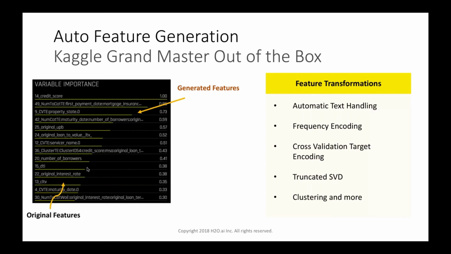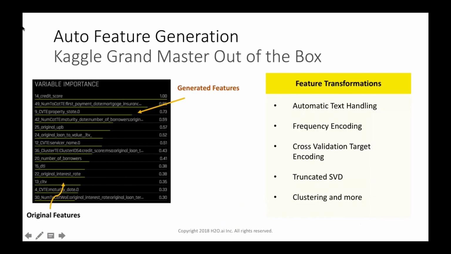It also automatically handles text data, which helps improve the performance if you have any text data, maybe customer feedback, for example. So driverless AI will incorporate some of these original features. In this case, we have some interest rate, debt to income, number of borrowers, but it'll also automatically create these new features like the target encoding of the state. We also have some target encoding of clusters and so on.